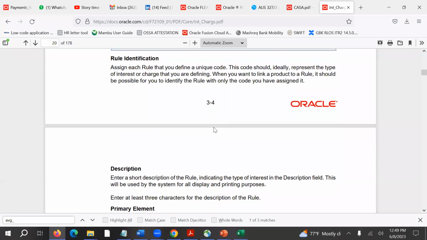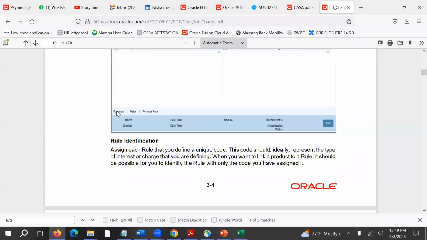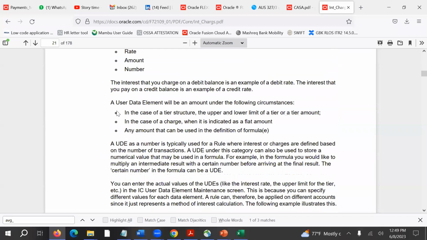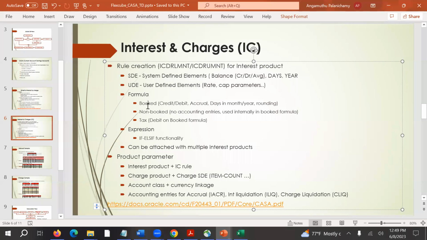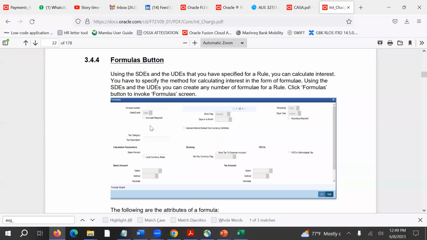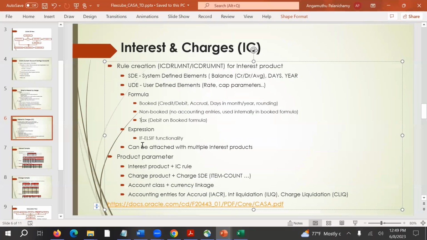Once you give that, then here you will have the formula button. In this formula button, we define what kind of formula it is. So here I have booked formula, non-booked formula, and tax formula. These are available here. In our case, credit interest, I will go with the booked formula.